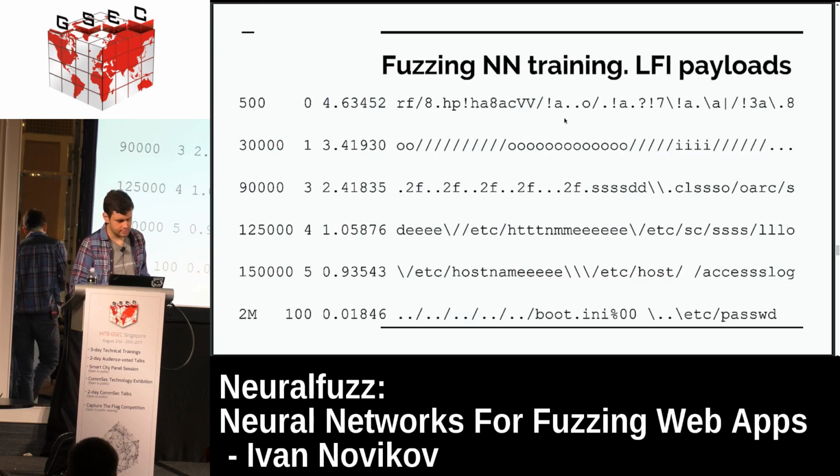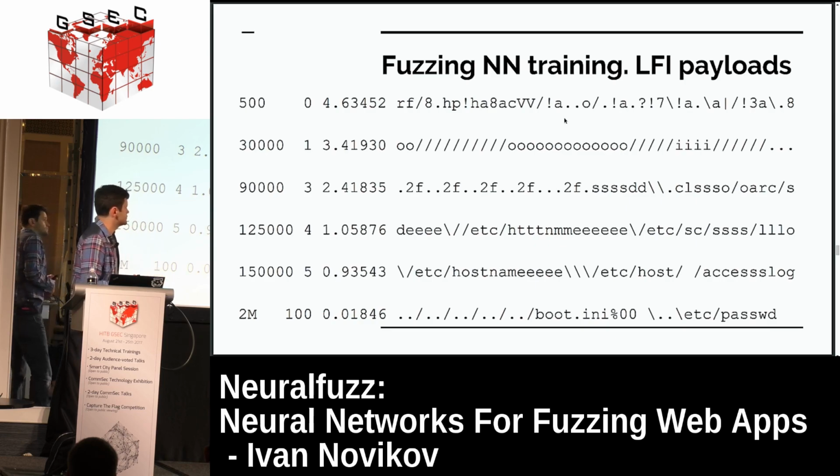Ta-da! And so let me show you some results. I trained the network to store some local file inclusion bugs here. This is the number of steps of the training. This is the number of epochs. It's kind of batch things. This is the value of error, and we should decrease this value to be able to generate something.